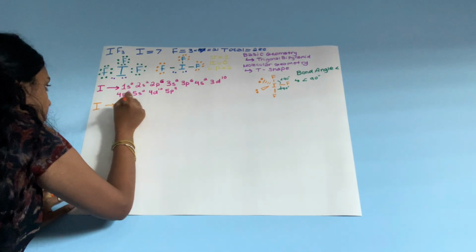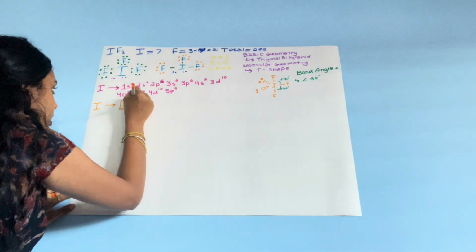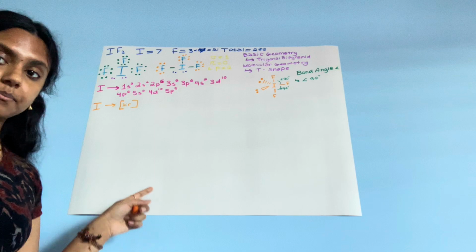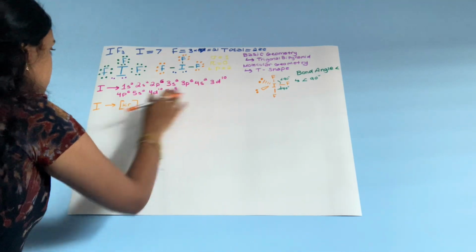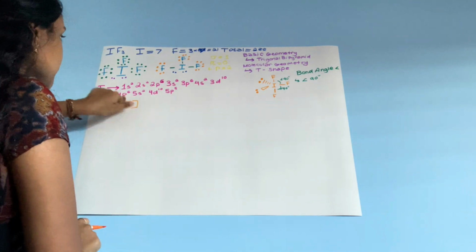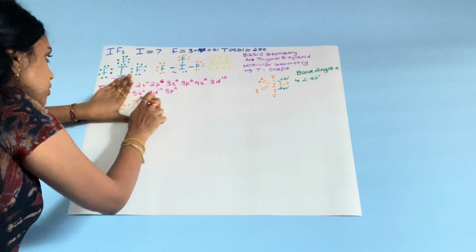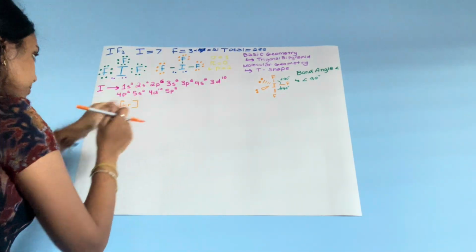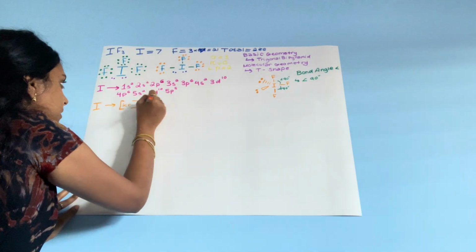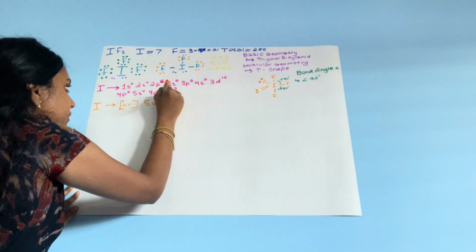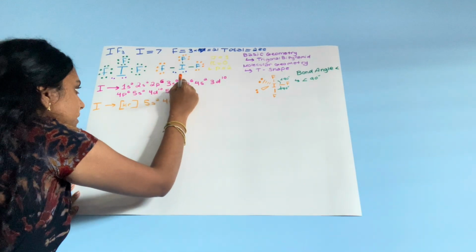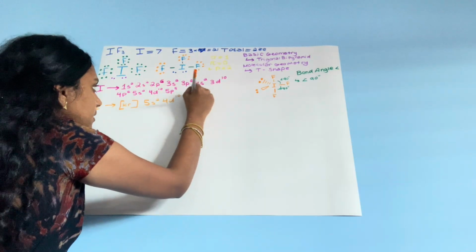So we're going to add a square bracket, Kr, for krypton. This 4p6 is where krypton ends. So we're going to write the rest: 5s2, 4d10, 5p5.